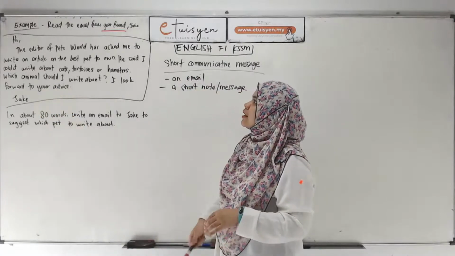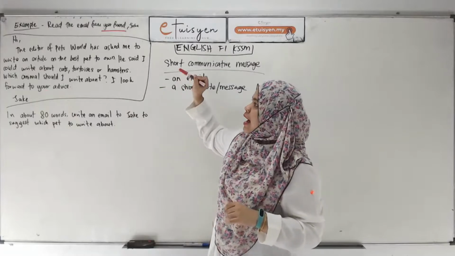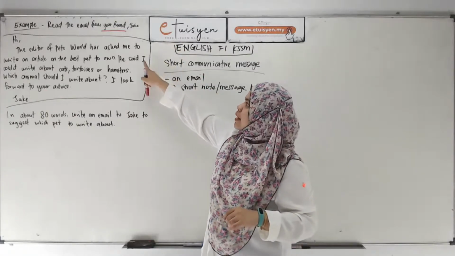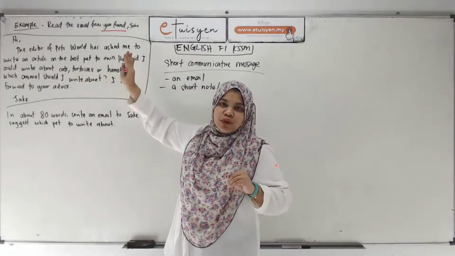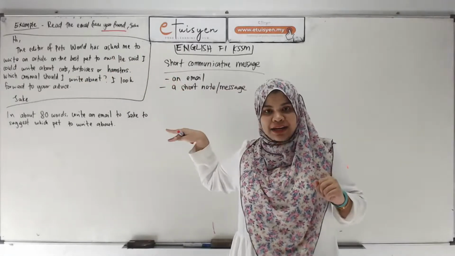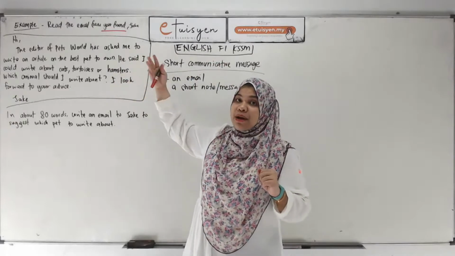Okay, so here, tengok dekat dalam email ni, Jake said that ada some editor from Pet's World, dia minta Jake tulis satu artikel on the best pet to own. Pet yang mana satu, haiwan peliharaan yang untuk dipelihara lah, mana yang lagi bagus.